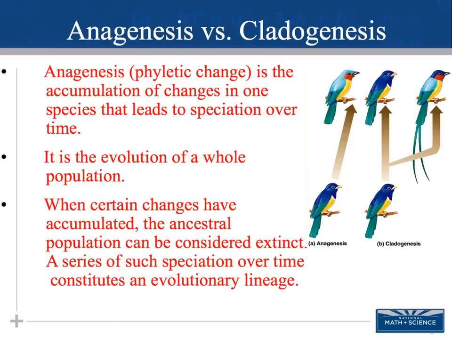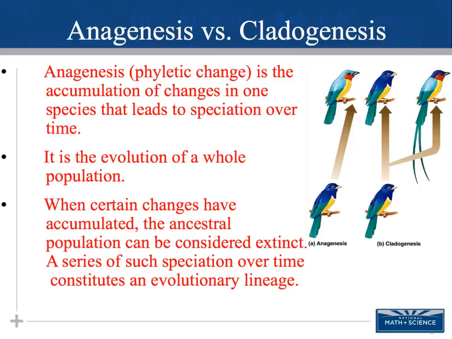So now we're going to tie in our phylogeny study with a little bit of evolution. And I want to introduce the terms anagenesis and cladogenesis. So let's start with anagenesis. Anagenesis is also known as phyletic change, and it's the accumulation of a bunch of different changes in one species that leads to the complete change of that species over time.